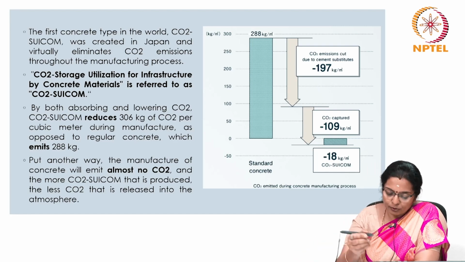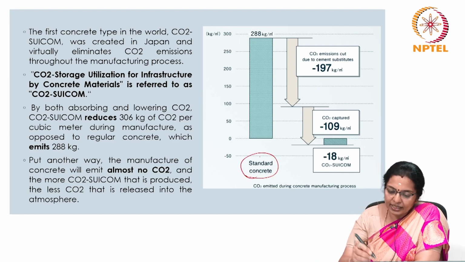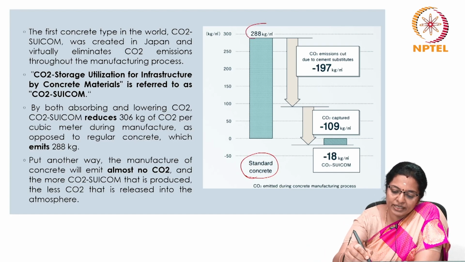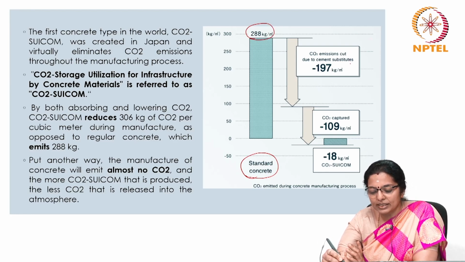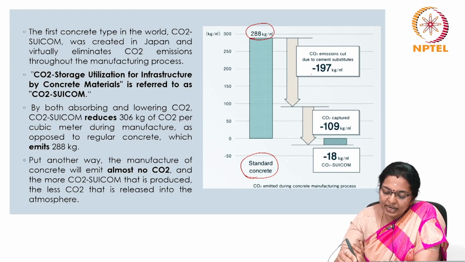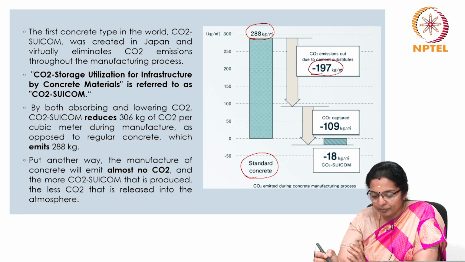So, if you see standard concrete, it emits approximately 288 kg per cubic meter. Carbon dioxide emissions are cut when we start using cement substitutes, and that could get cut by 197 kg per cubic meter.